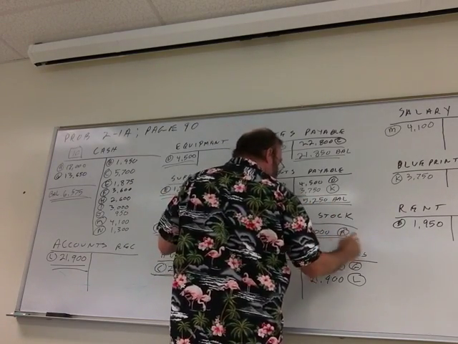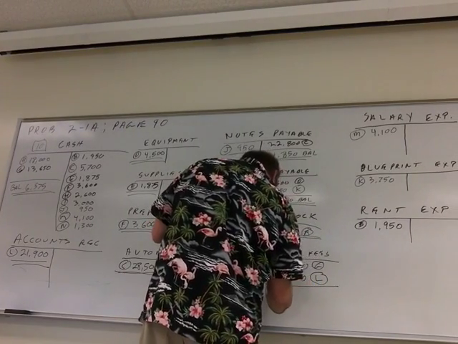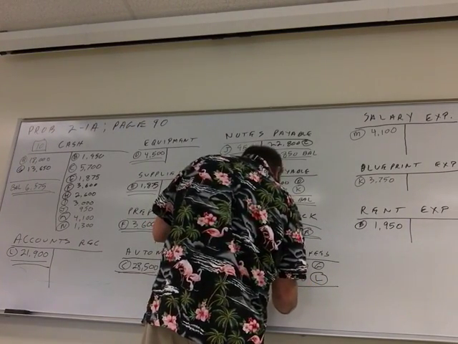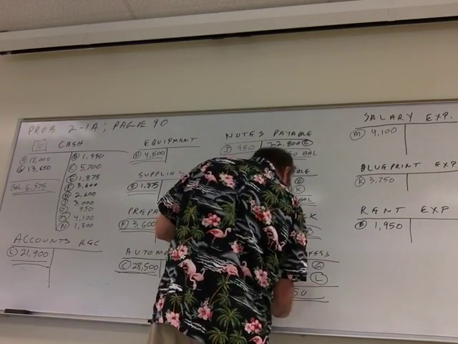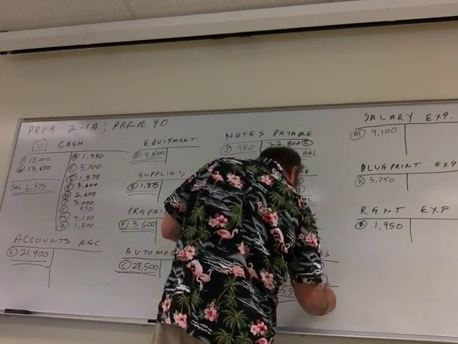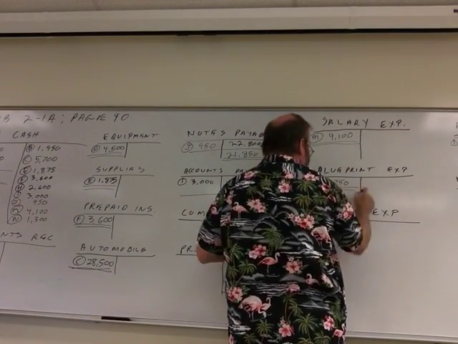Common stock just has one transaction. Professional fees have two. They total $35,550. And then everything else is just a single transaction.